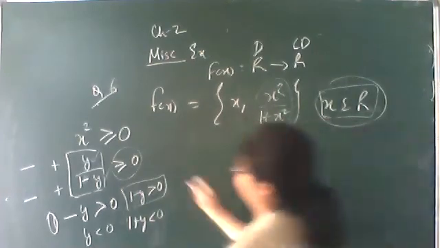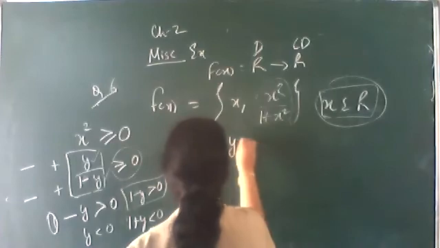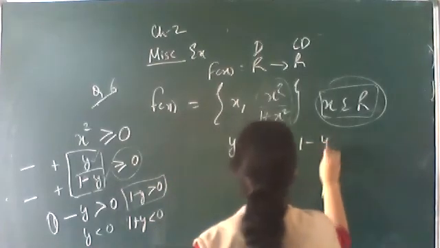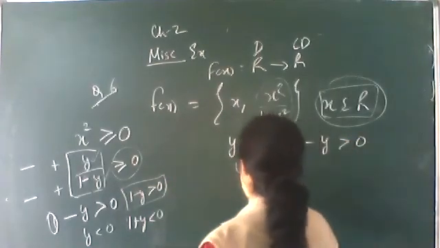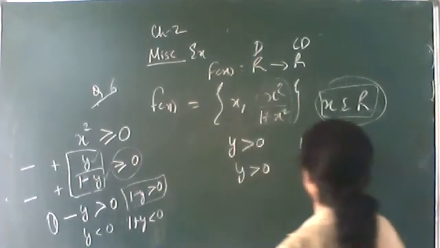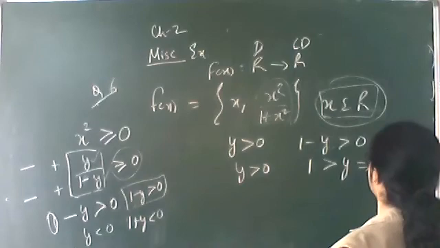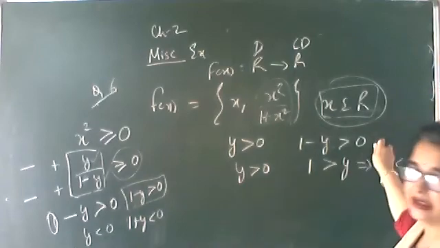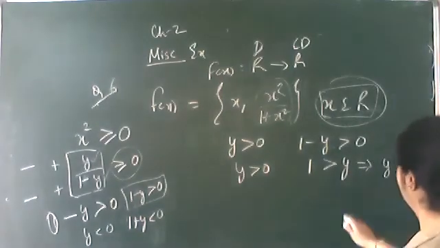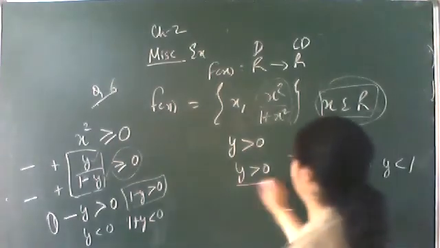Just see the first condition: y is greater than 0 and 1 minus y is greater than 0. So 1 should be greater than y. This implies y should be less than 1, and y should be greater than 0.